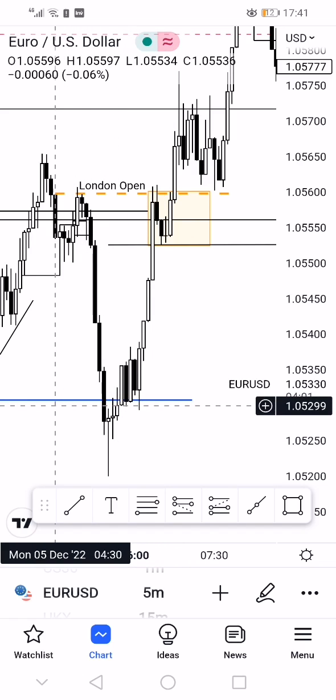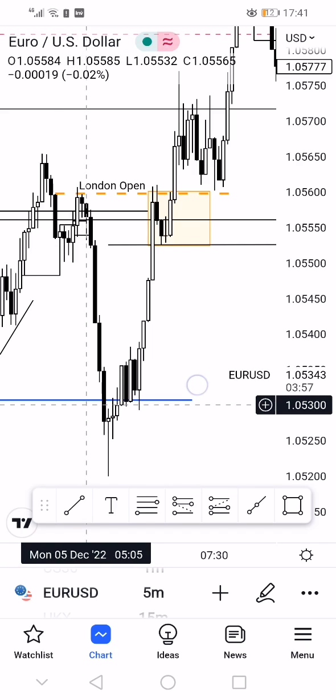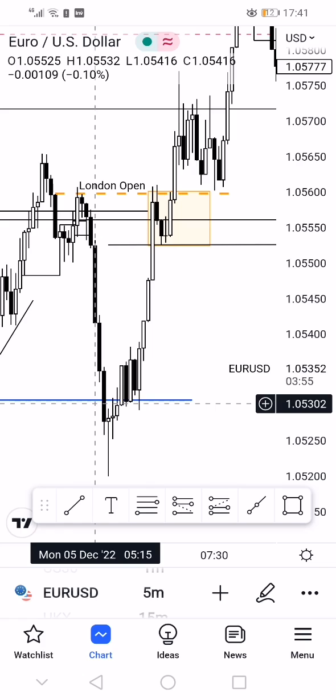Right here was when London opened, and price was trading below the London open altogether. I like to apply the same principles that I apply in the New York session also in the London session.